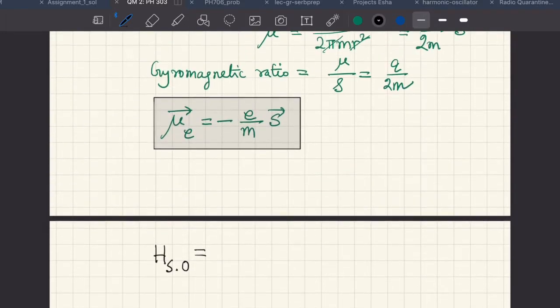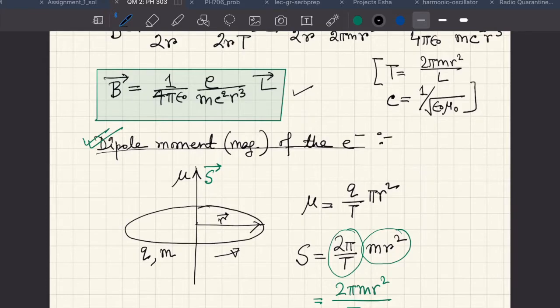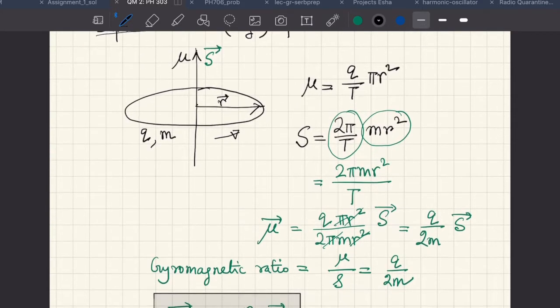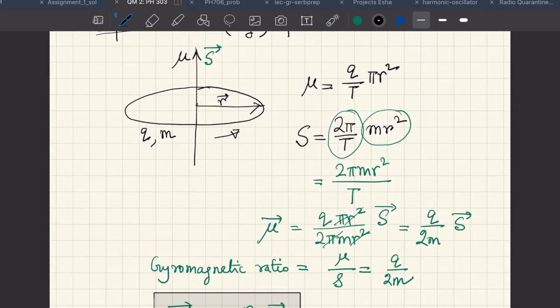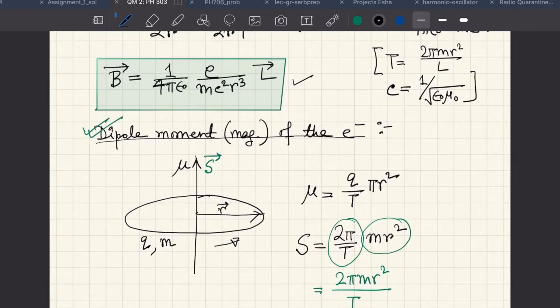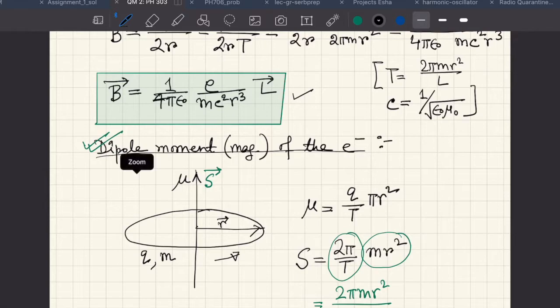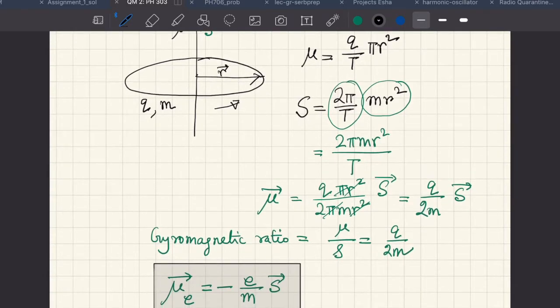So it is going to give us 1/(4πε₀). There is one e from this B and there is another e from this μ_e, so there will be e². So e²/(4πε₀), and then 1/(m c² r³), and then we have S·L.